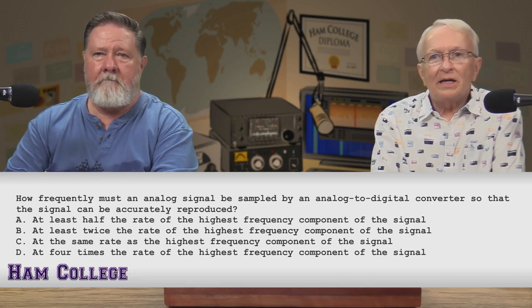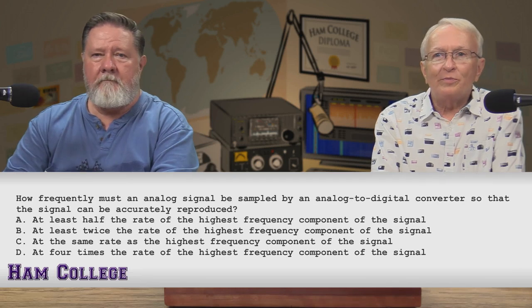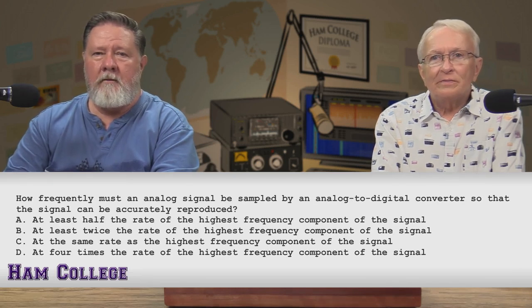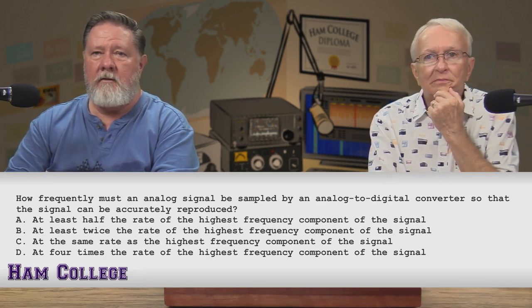C, at the same rate as the highest frequency component of the signal. Or D, at 4 times the rate of the highest frequency component of the signal. How frequently must an analog signal be sampled by an analog to digital converter? So that's going to be.